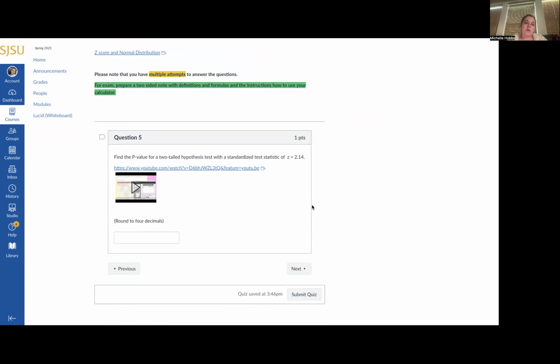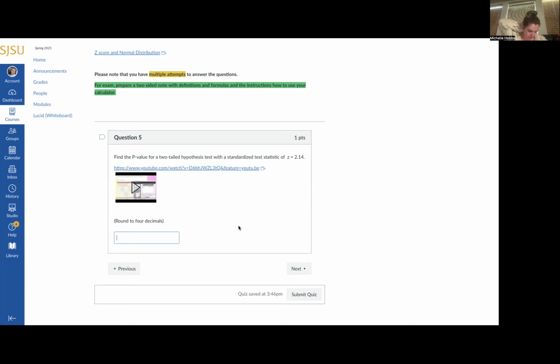Find the p-value for a two-tailed hypothesis test with a standardized test statistic of z equals 2.14 and round to 4 decimals. Okay, I will take a jab at this using my calculator.